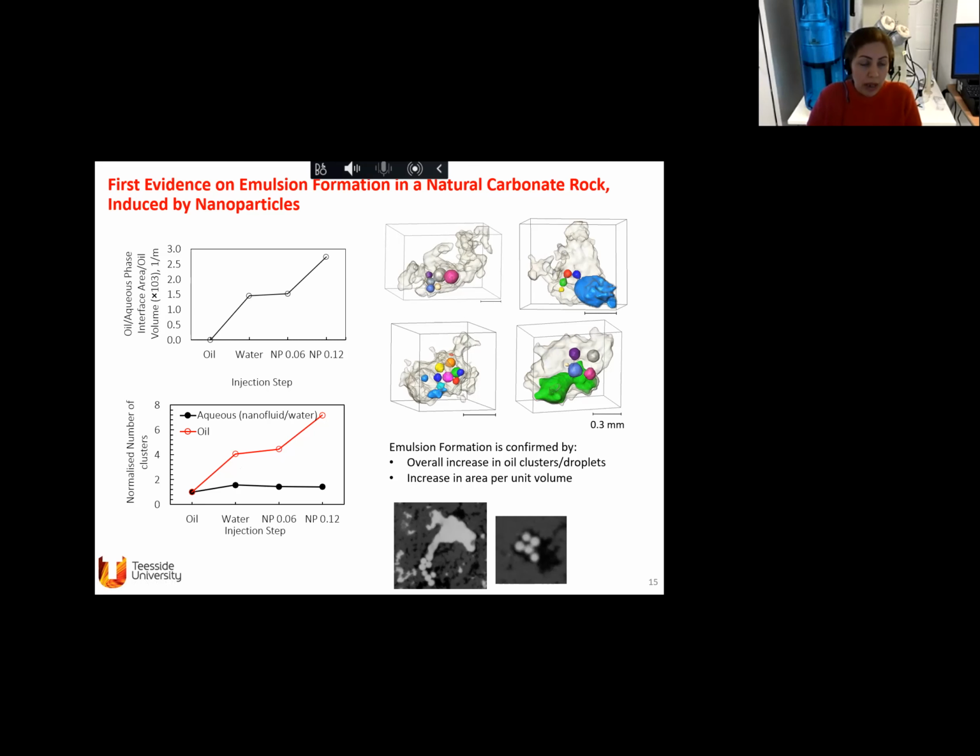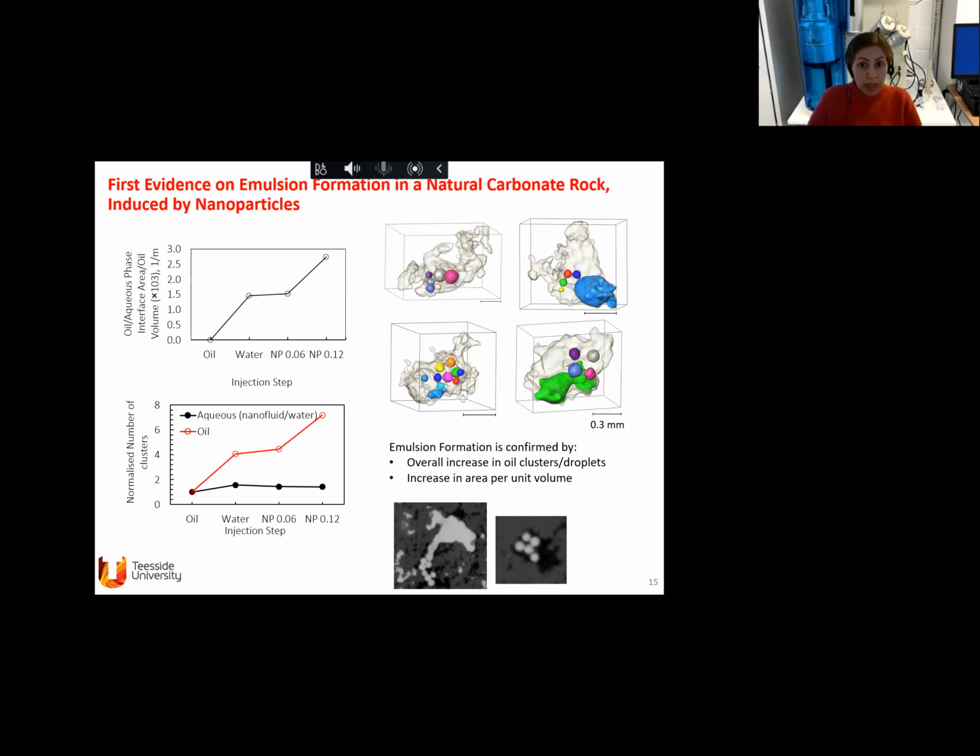The main discussion, and I have thought about this myself, is what would be the implication of having smaller droplets in an emulsion on the viscosity of the fluid phase that you're trying to displace. It's a more complicated discussion because it also depends on what type of emulsion you have. If you have an oil in water emulsion, the implication for viscosity is going to be different from a water in oil emulsion. In another study, we've seen formation of water in oil emulsion, and that increases the viscosity quite substantially.